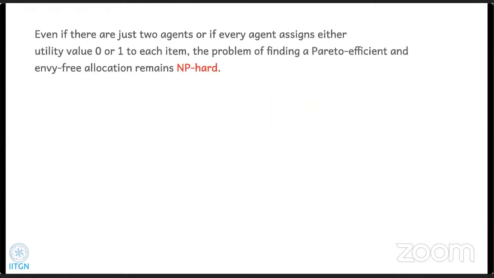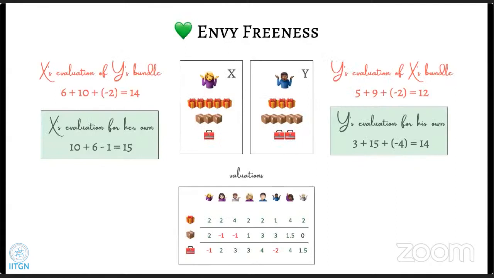Now, it turns out that even if there are just two agents, actually, even before going into the computational aspects, the computational question that we will be interested in is: given the input, which is all of these agents and their utility matrix with respect to these item types, we want to know if there exists an allocation that is both envy-free and Pareto efficient.